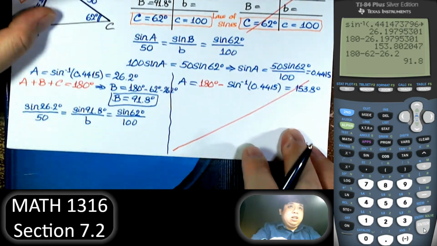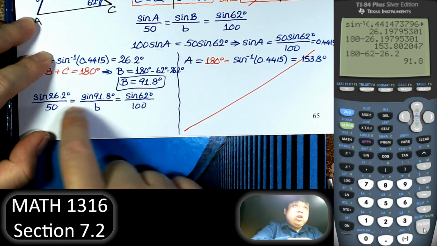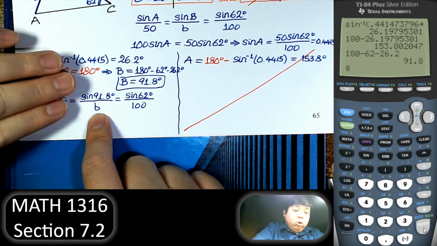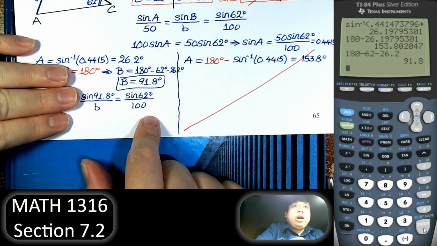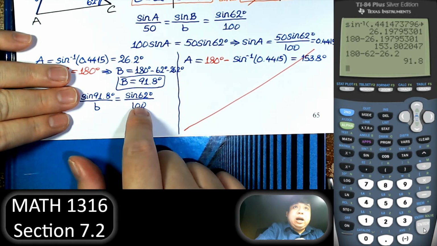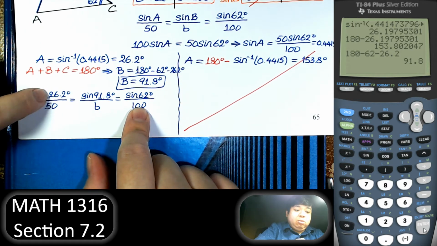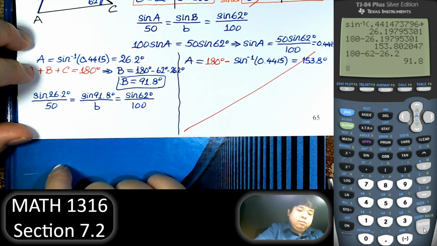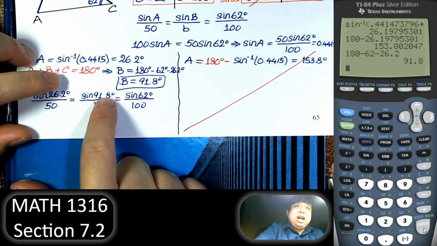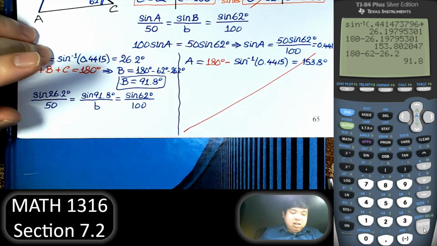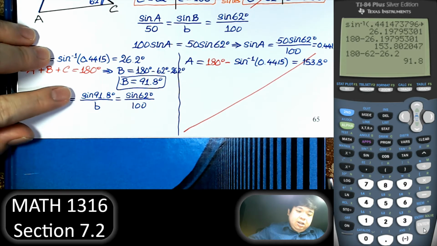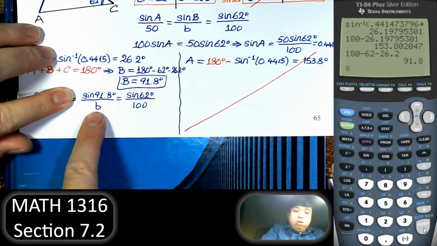Of course, we can use either the first ratio or the last ratio to calculate B, but I'm going to use the last ratio because in this case 62 degrees is given and 100 is given, so it is better to use what is given and not what is derived. Having said that, the 91.8 is calculated already, so that's still not the best option, but at least both of these are given. So we're going to cross multiply and then solve for B.